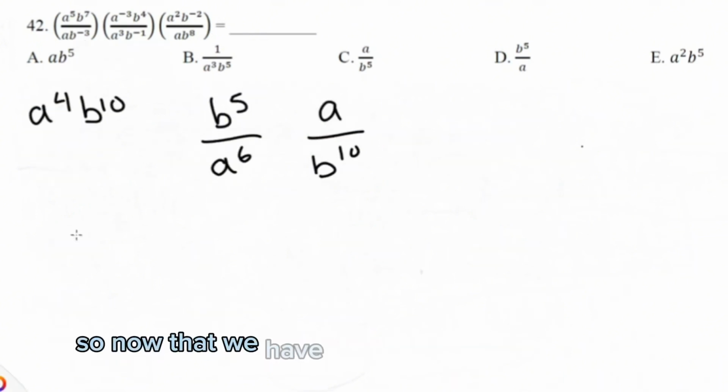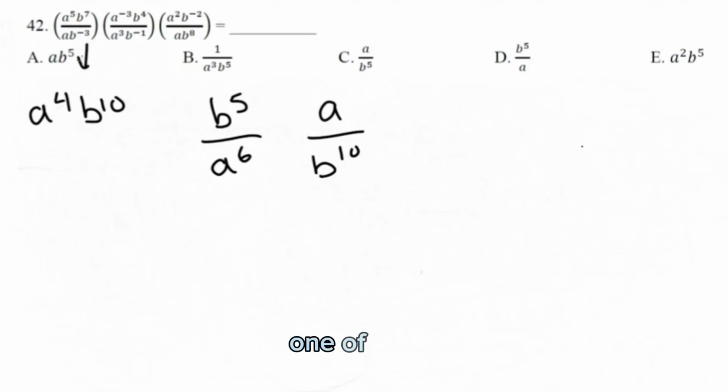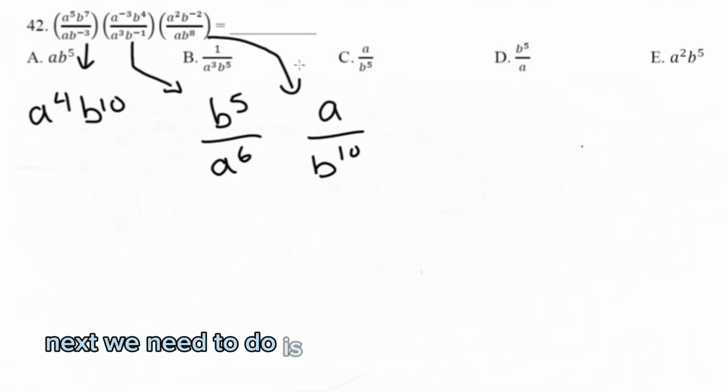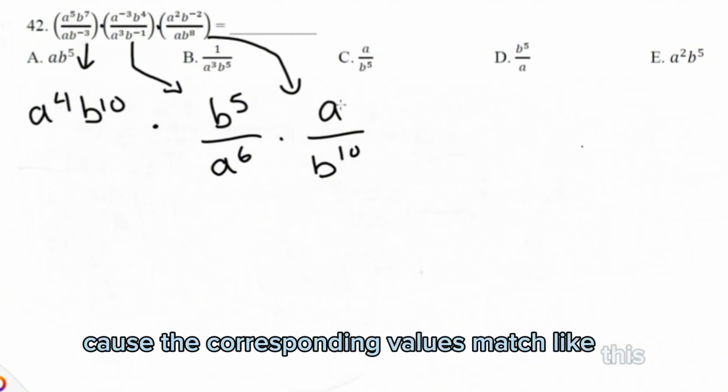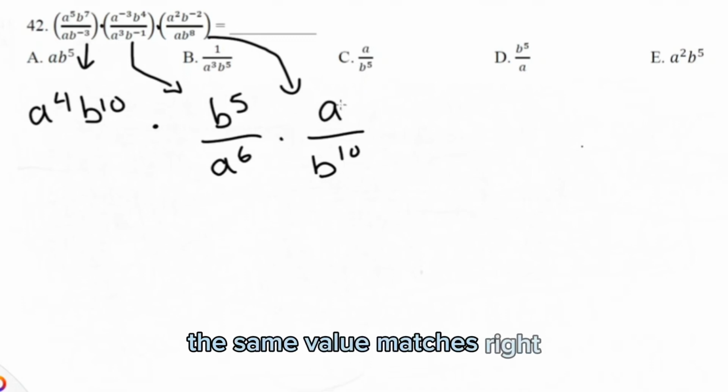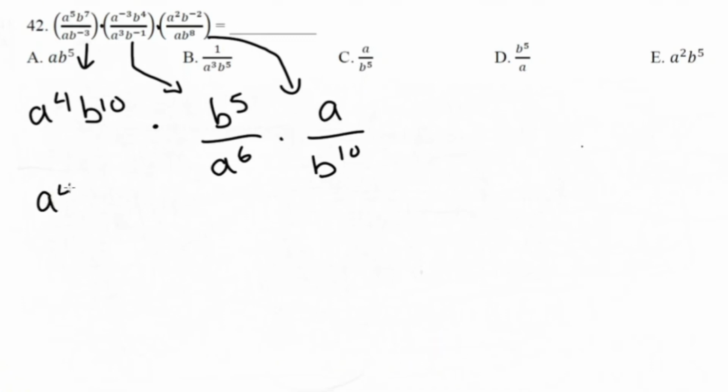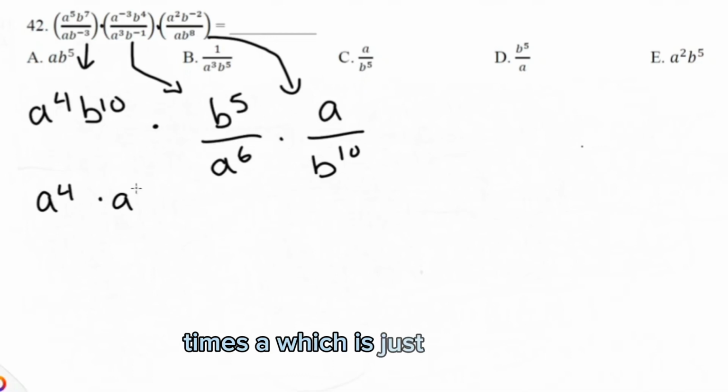Alright, so now that we have our three values from each one of these fractions, next we need to multiply all of these, because these three fractions are being multiplied. So let's do that. So a to the power 4 times this a value, because the same value matches. So a to the power 4 times a, which is a to the power 1.